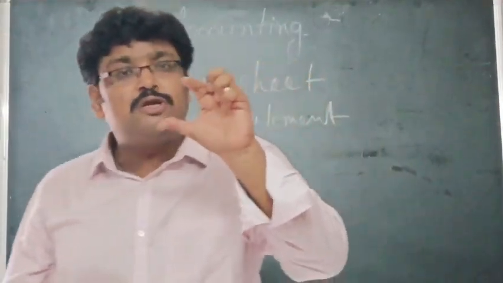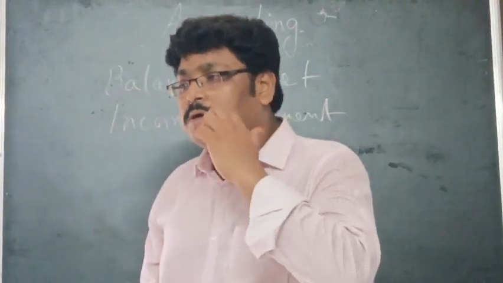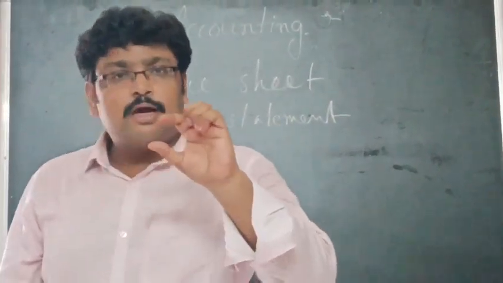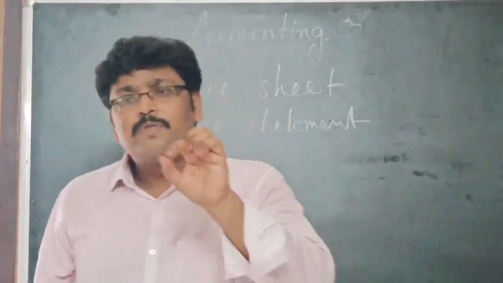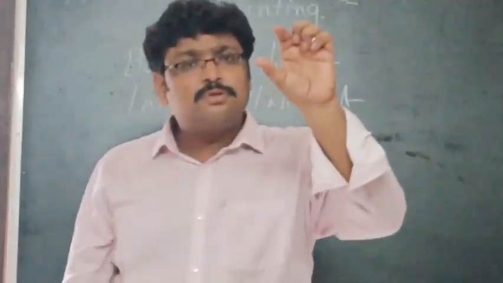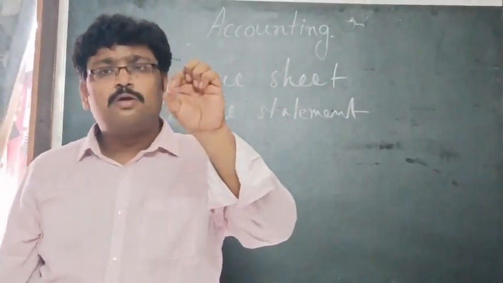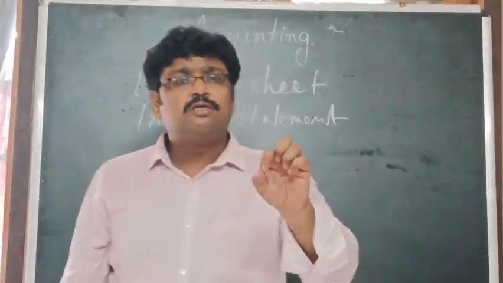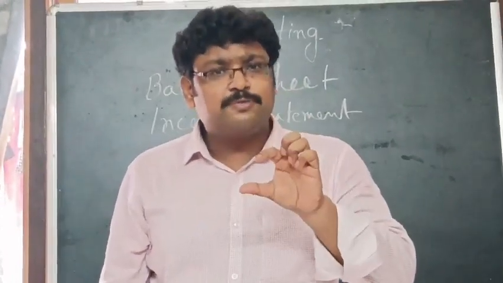Now I would like to differentiate between the balance sheet and income statement. What is the difference between the balance sheet and income statement? Look, I have mentioned earlier that there are types such as asset, liability, equity, income and expense.